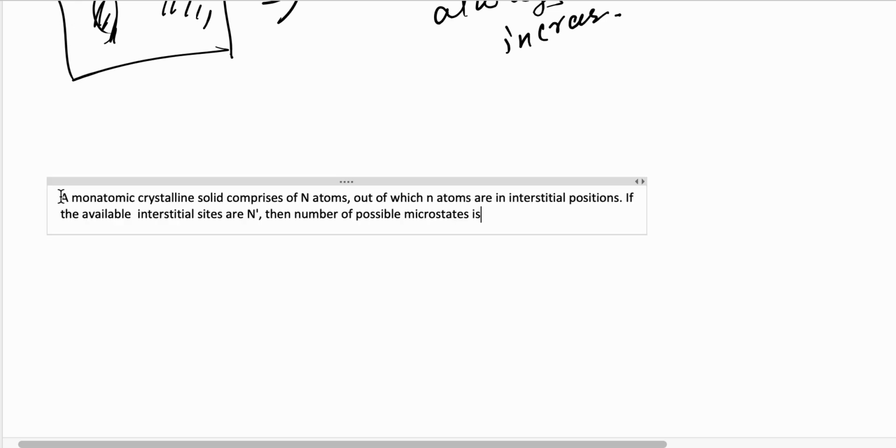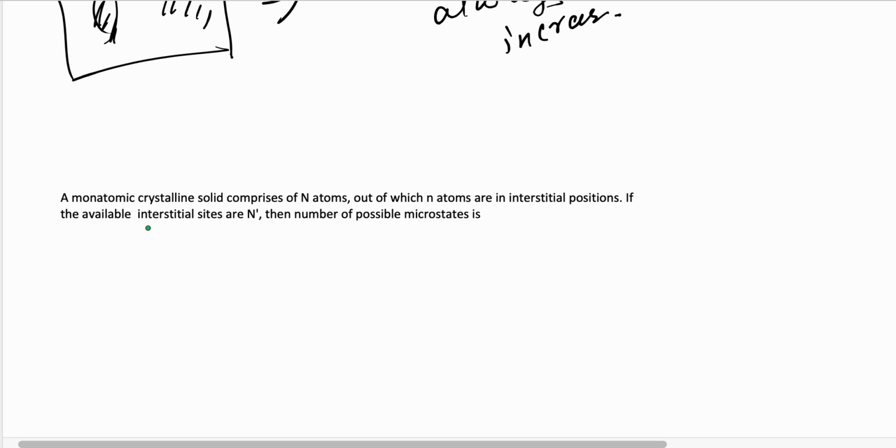So what is asked: suppose that a monoatomic crystalline solid comprised of N atoms, out of which small n atoms are in interstitial positions, meaning n of the atoms are inside the structure of this monoatomic crystal.